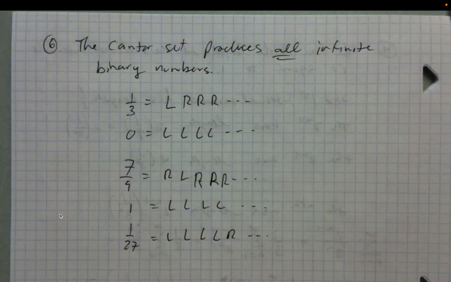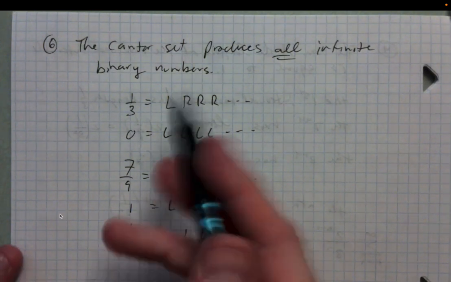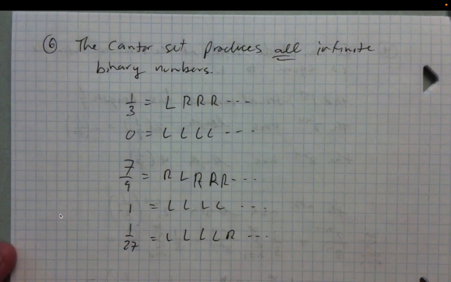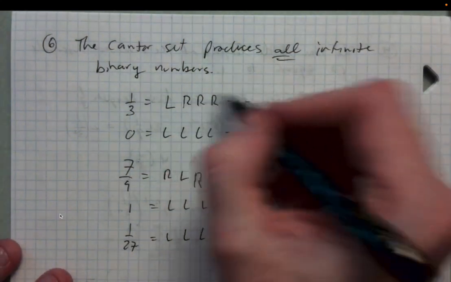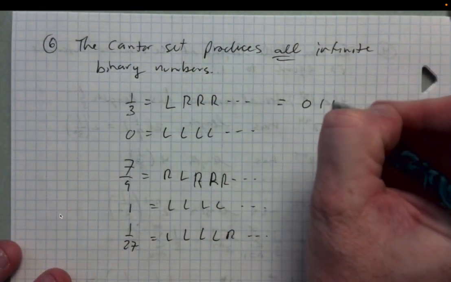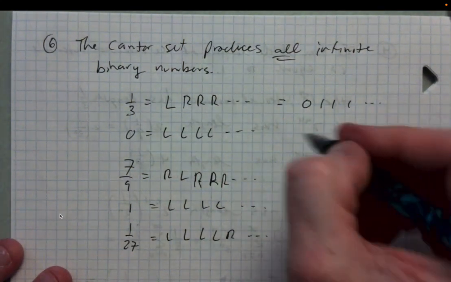Okay, and so you can probably see that at each step I'm making a binary choice, and so my choice to use left or right, L or R, could just as well be to use 1s or 0s, right? And so when I see an L, I'm going to put a 0, and when I see an R, I'm going to put a 1.